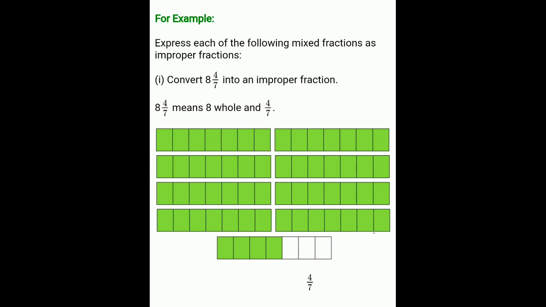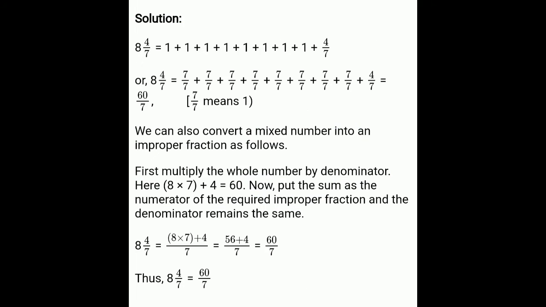Now you can see there are 8 whole boxes, and in the bottom part there are 7 boxes, out of which 4 boxes are shaded. So this is the proper fraction and the upper one is the whole number. So 1 plus 1 plus 1 plus 1 plus 1 plus 1 plus 1 plus 1 plus 4 by 7, or 8 4 by 7.